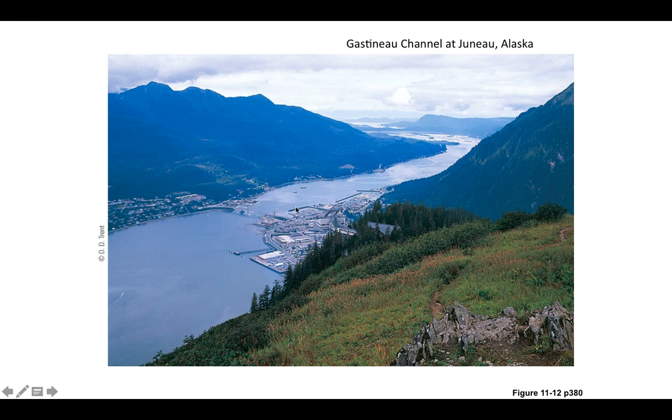So Juneau is the capital of Alaska, and it's a pretty significant city for Alaska. It's basically built in a glacial valley. Part of this valley is filled with water, and that water is going to make its way out into open ocean eventually.